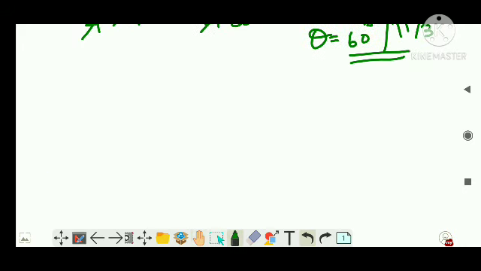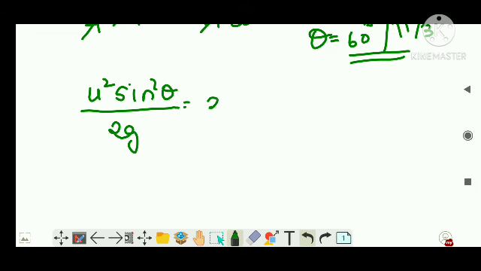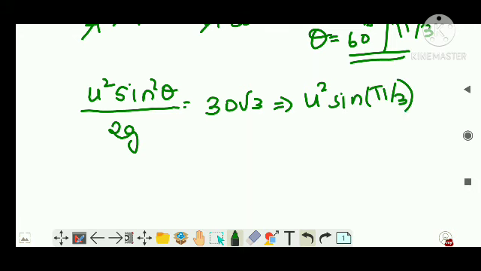Now, what is the second part? You got the first part, that is the angle of projection. Now if you are asked what is the initial velocity, again you know the height. You got the theta, so u squared sine squared theta by 2g is equal to 30 root 3. Now u squared, sine squared pi by 3, divided by 2 into 10, is equal to 30 root 3.